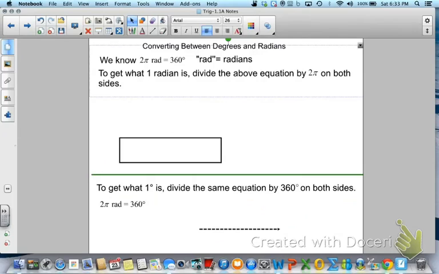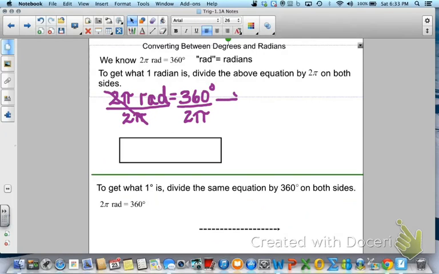If I want to know what 1 radian is in degree form, divide both sides by 2 pi. The 2 pi's cancel out, and we're left with 1 radian equals 360 and 2 reduced to 180 over 1 pi, so 180 degrees over pi. So 1 radian is equivalent to 180 over pi.